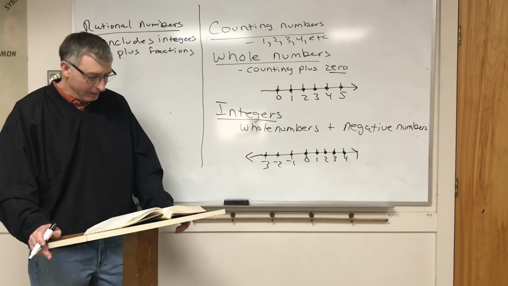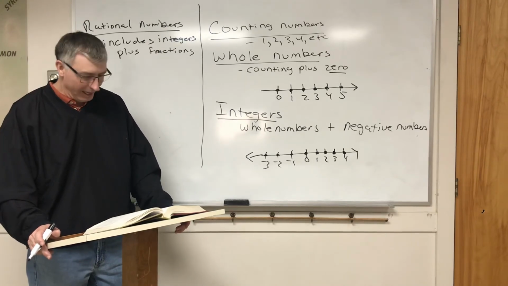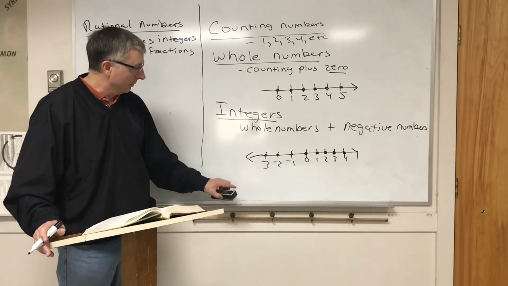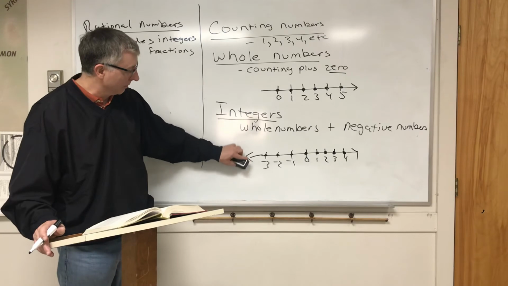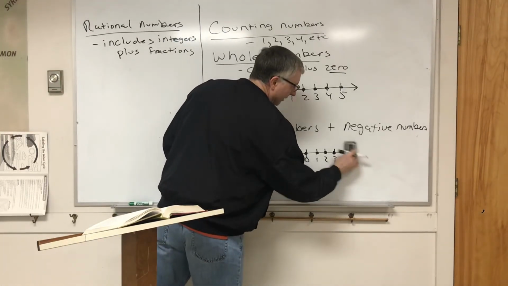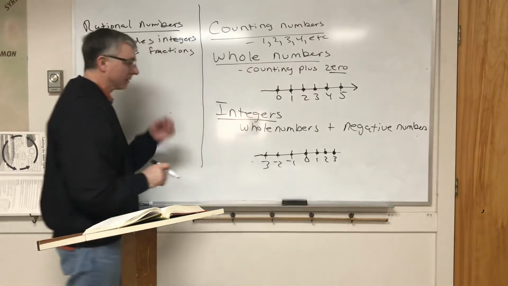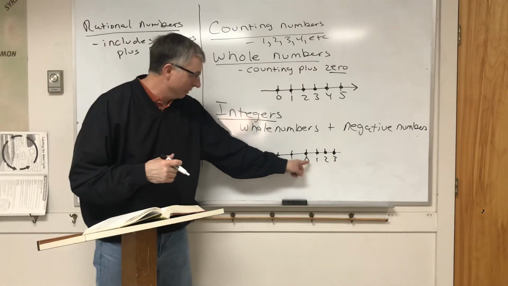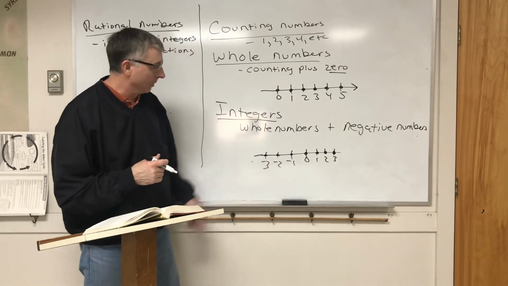So let's look at example 1. Graph the integers that are less than 4. For time's sake, I'm just going to use this line right here. If it's less than 4, it would be 3, 2, 1, 0, -1, -2, -3, and so on.